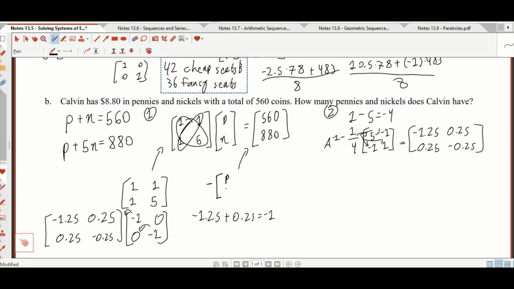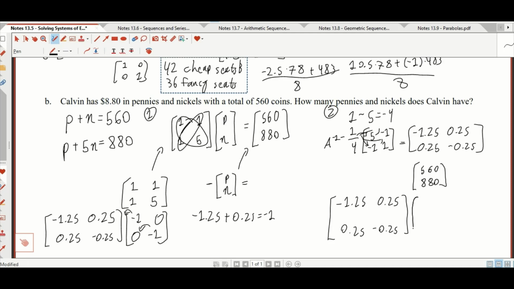Negative Pn is equal to, and so we're going to take our inverse matrix, negative 1.25, 0.25, 0.25, negative 0.25, and we're going to multiply that by our original resultant vector here, 560 and 880.